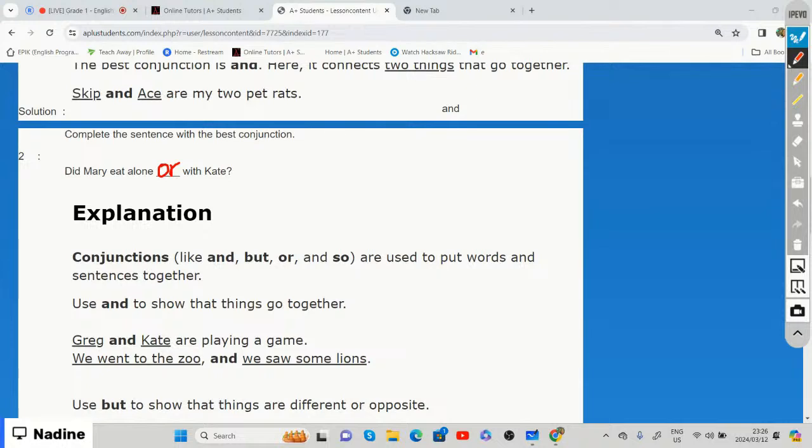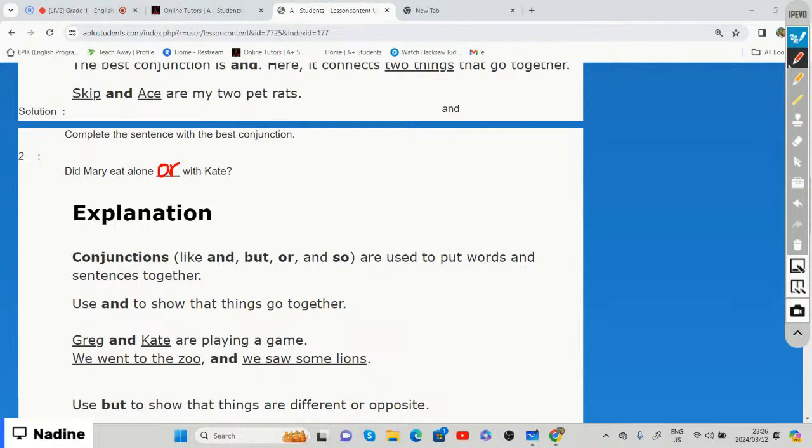So we have, did Mary eat alone or with Kate? And that or over there is basically to show a choice. You can either choose to eat alone or you can choose to eat with Kate. Wonderful. Or is correct. So well done.